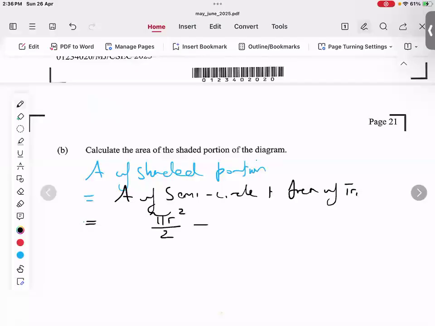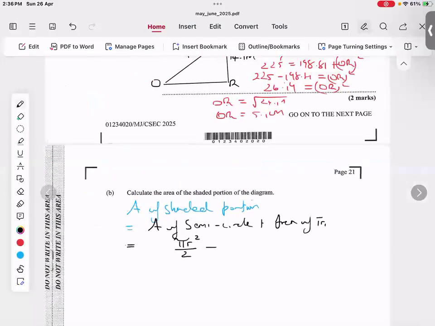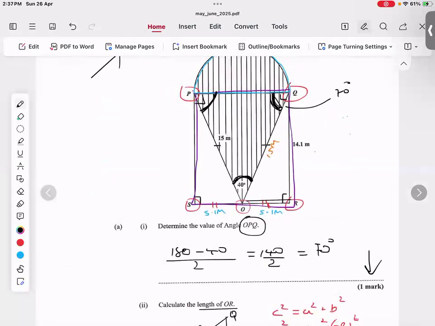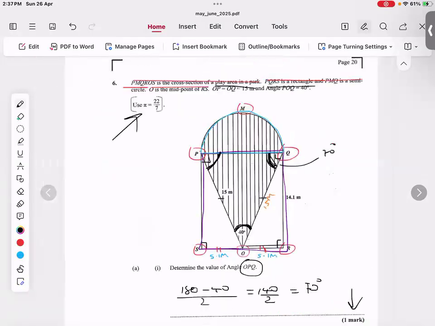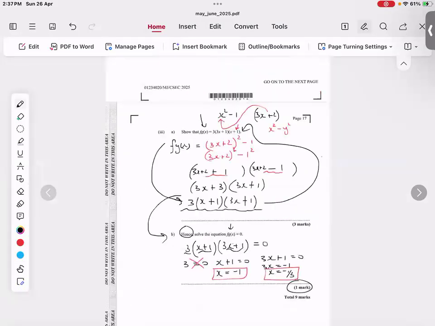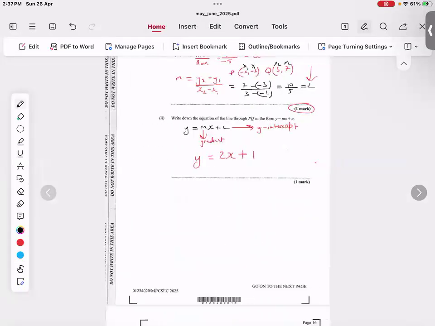What is the area of this triangle now? Who can tell me the area of this particular triangle? What formula are you going to use? This formula is on the formula sheet. Hold on, don't shout it out yet.